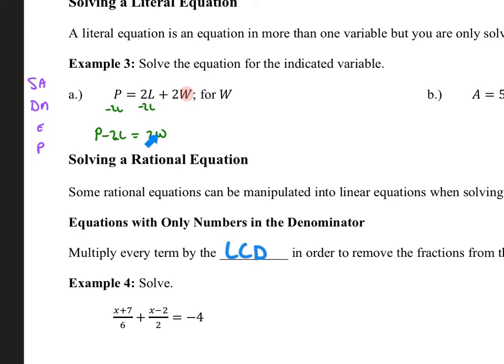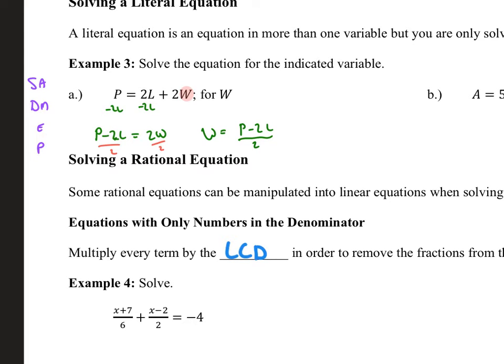What's happening to the w? It's being multiplied. So how do I get rid of multiplication? By dividing. So I'm going to divide both sides by 2. So now that w is by itself over here on the right, I'm going to switch it to the left side just because that's how I prefer to see it. w equals P minus 2L over 2.